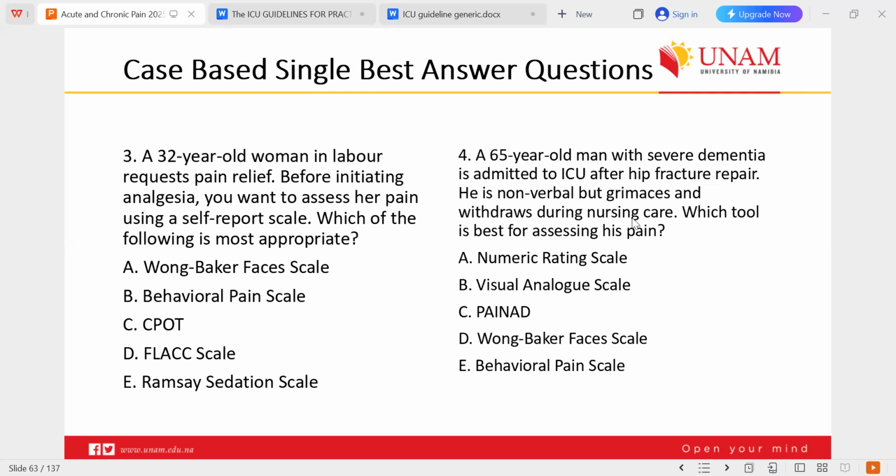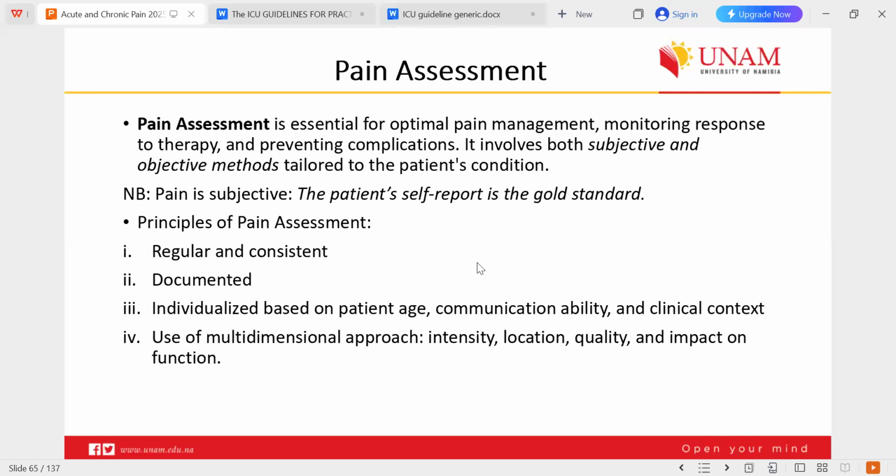Visual analog. No? Another trial? PAINAD. PAINAD, correct. We'll look at that if we're able to get there today. PAINAD is the correct answer. Okay?